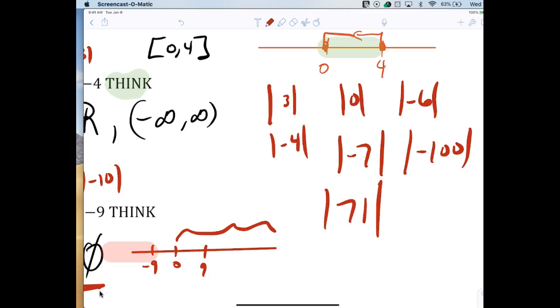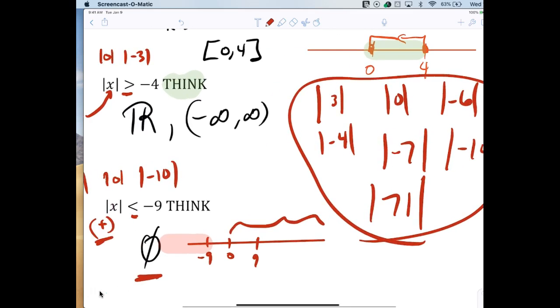It's going to be positive, except for 0. So if all of these numbers in here are positive, what's its relationship to greater than? Is it going to be greater than -4 or less than? Every single number is greater than -4 when you take the absolute value. Every single number that you take the absolute value is greater than a negative number.